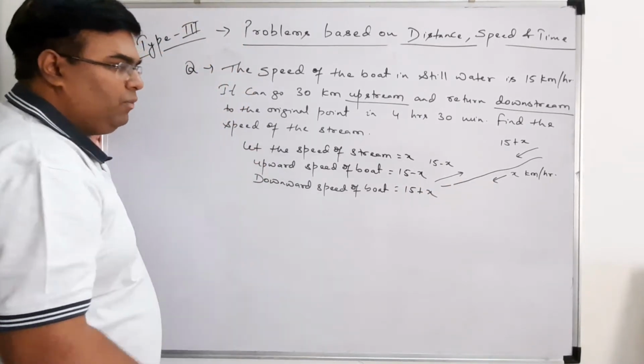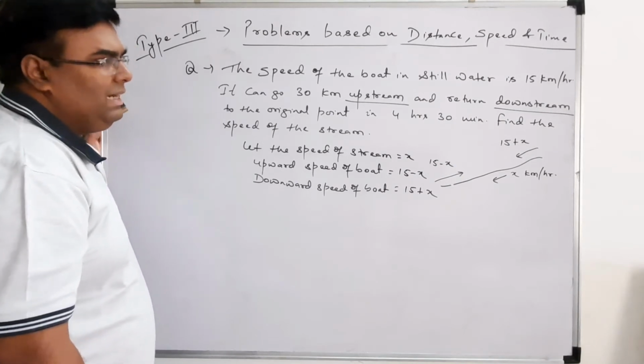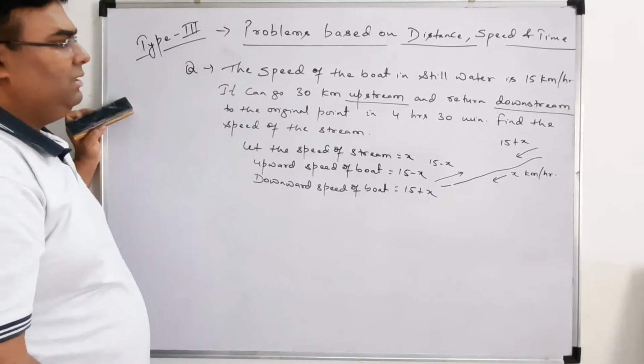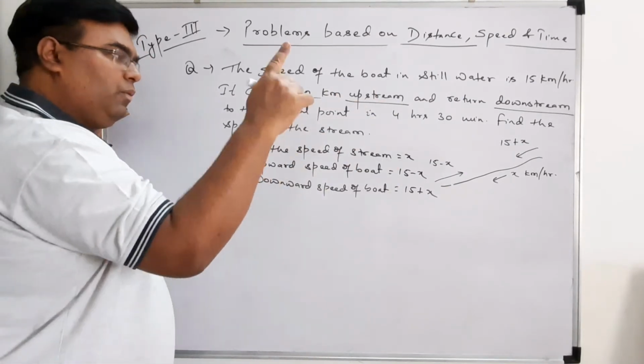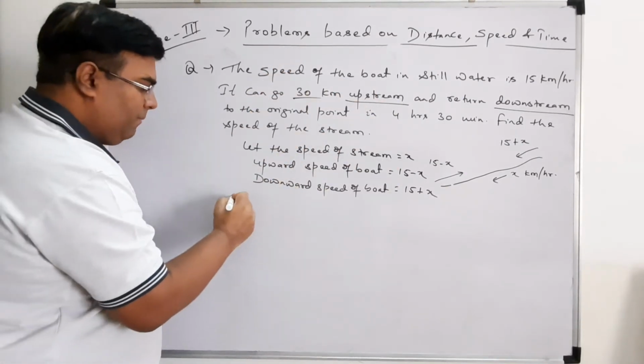So what is my upward time? Suppose that distance is given, 30 km. So what is my upward time and downward time?